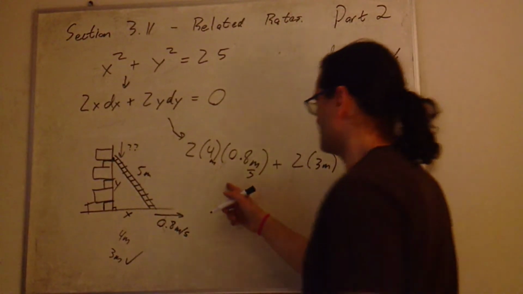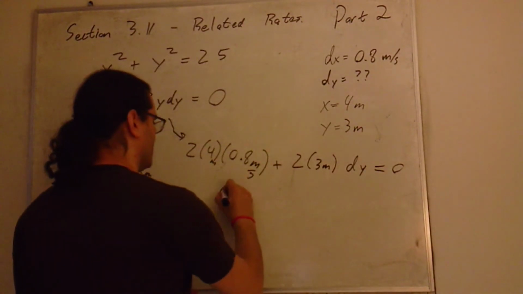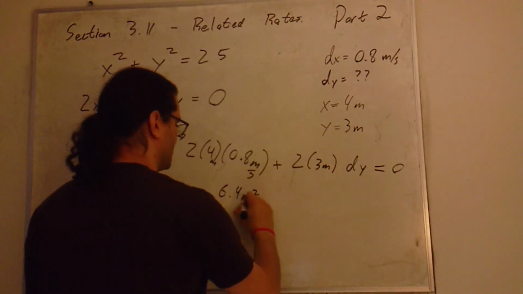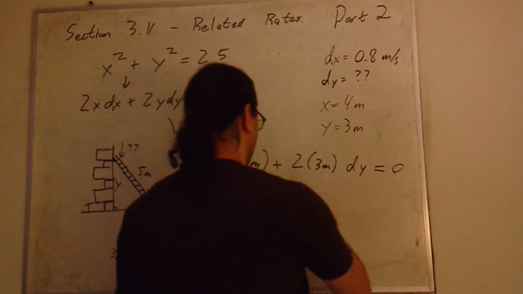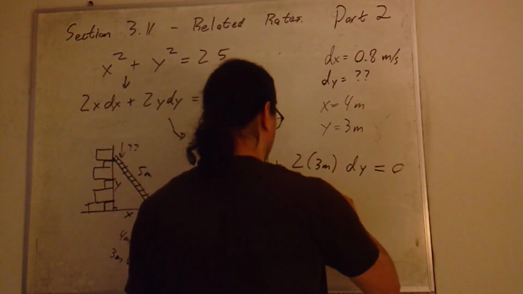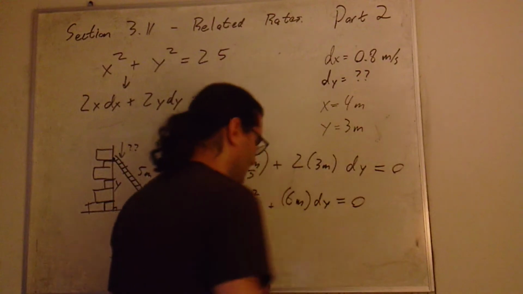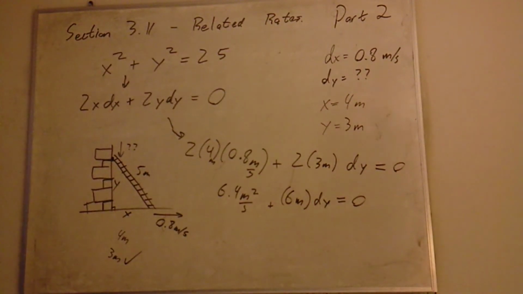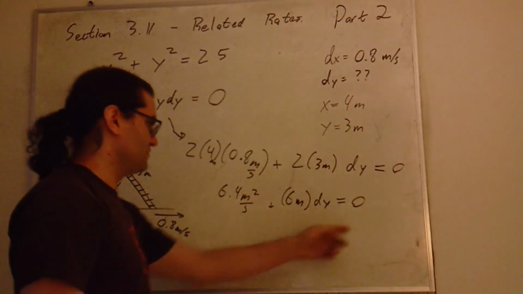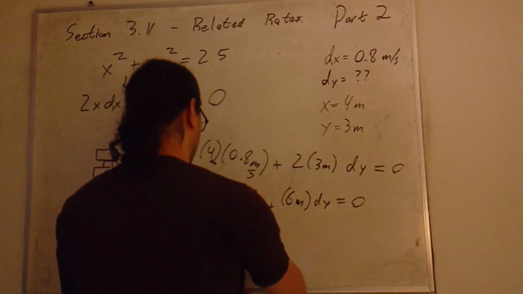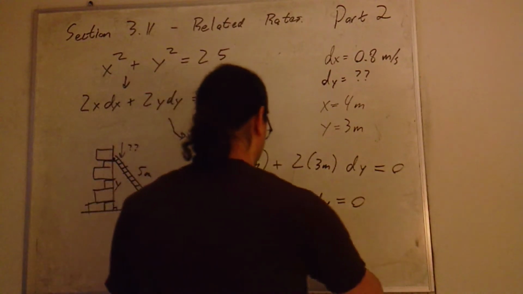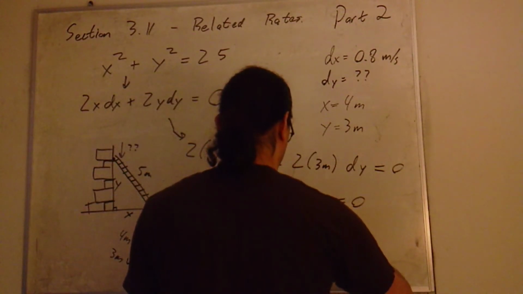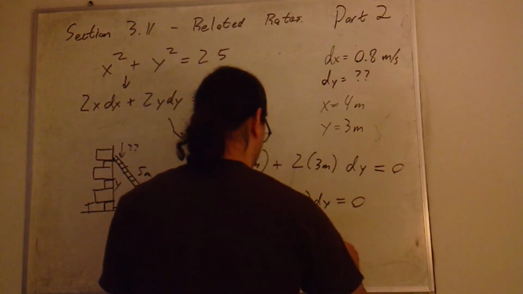So this can simplify into 6.4 meters squared per second plus 6 meters dy equals 0. So this will go over there. 6 meters times dy equals negative 6.4 meters squared per second.